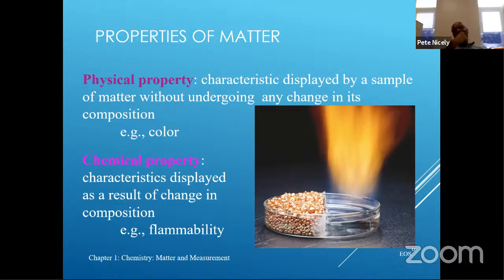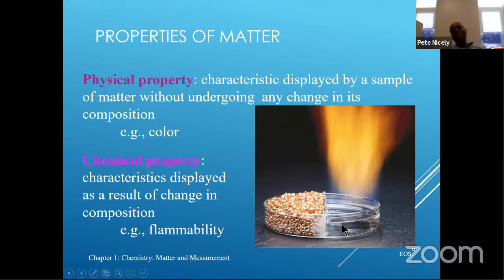Okay, so with that said, this picture here demonstrates the difference between physical and chemical properties of two different substances. To the left in this dish, you have some copper pellets. If you examine them closely, you'll see that copper as a metal is shiny and has a kind of reddish color. So the fact that it's reddish and shiny is a statement of one particular physical property of copper.